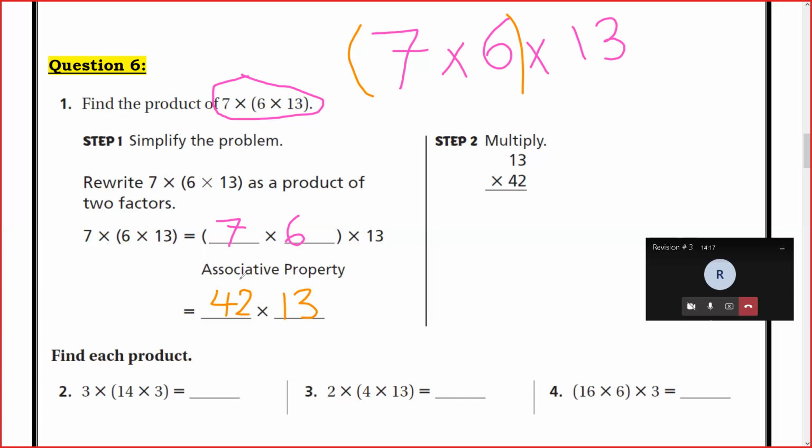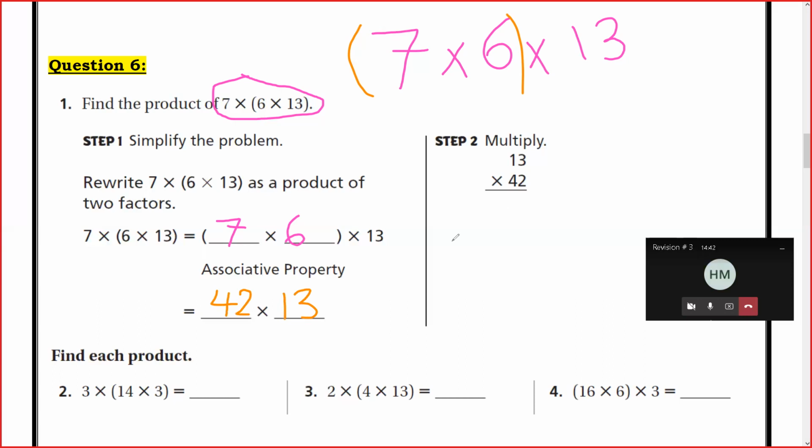Here we have 42 times 13 or 13 times 42. Let's multiply it now. I will give you 1 minute. Please multiply it first, and then we will solve it together.